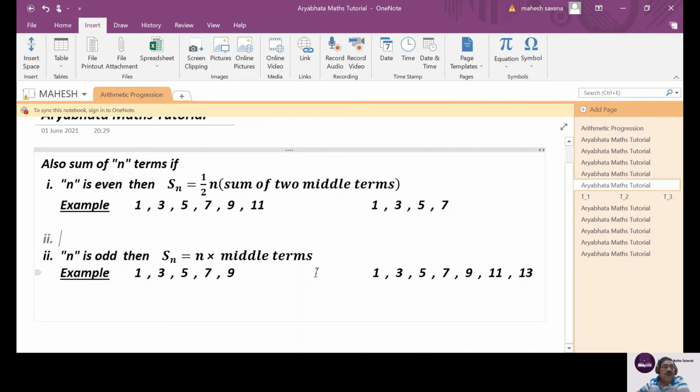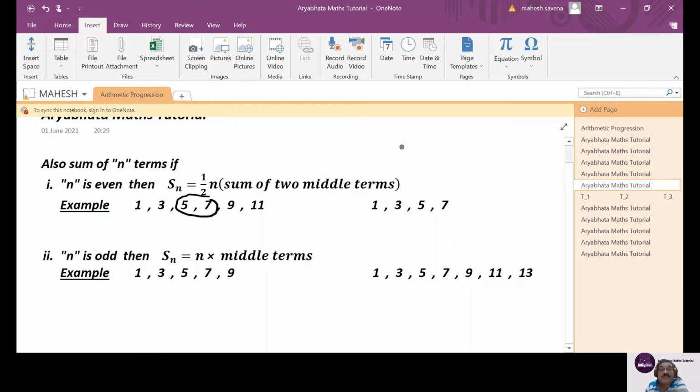Now we come to another property of the arithmetic progression. Suppose the number of terms in an arithmetic series is n. Therefore, the sum of the n terms will be equal to 1 by 2n times the sum of the two middle terms. For example, in this series the terms are 1, 3, 5, 7, 9, 11. The number of terms is 6, that is even, and the middle terms are 5 and 7.